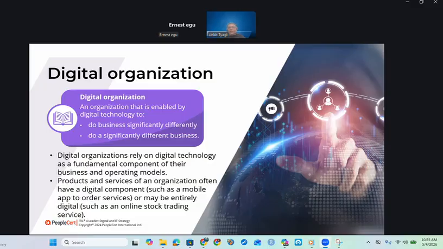In this case, based on digital technology, they're doing a completely different business. Though shopping remains the same, traditionally it used to be the physical one. Now it is a digital one based on digital technology. So they do a significantly different business altogether.